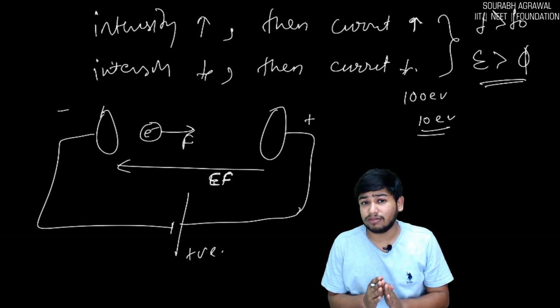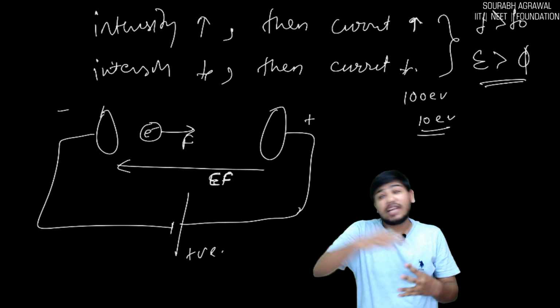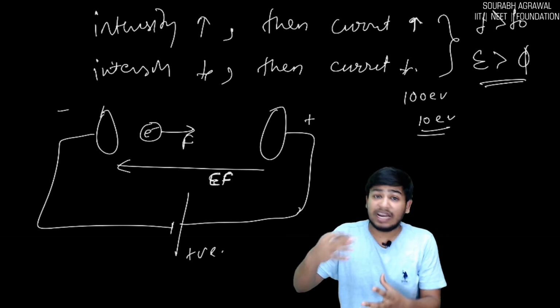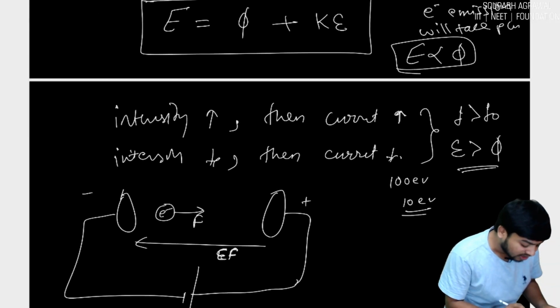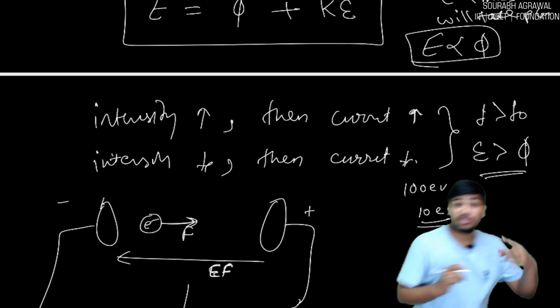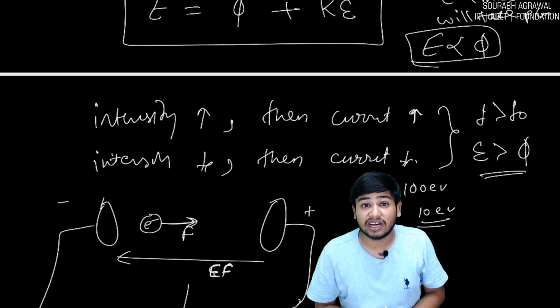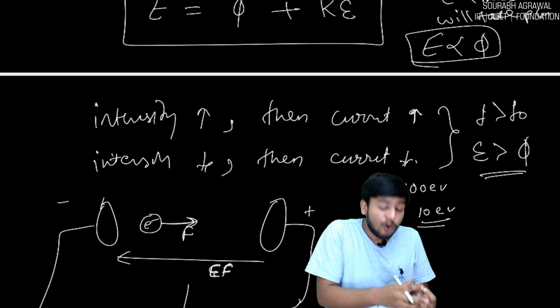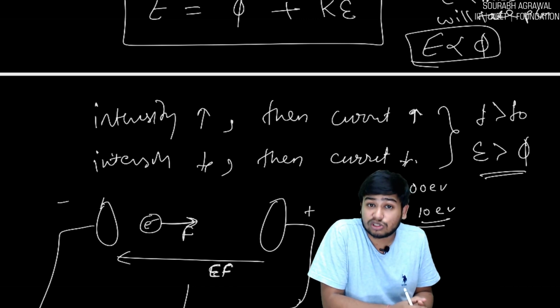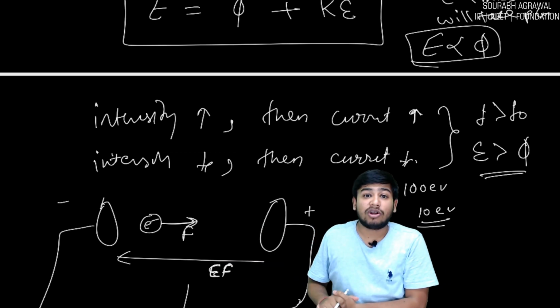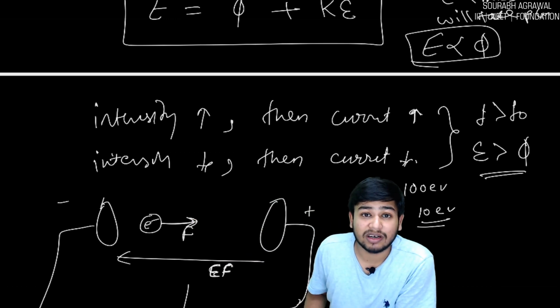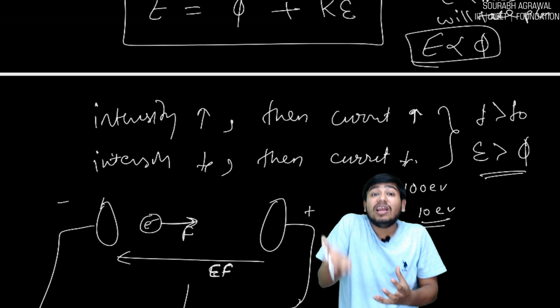So at that time only 10 electrons are contributing, and current is according to that. Now you are applying an electric field due to which the electron has a force in the right direction. So the electrons that do not have that much kinetic energy will also now start moving towards the positive plate. Are you getting my point? So the current will increase.